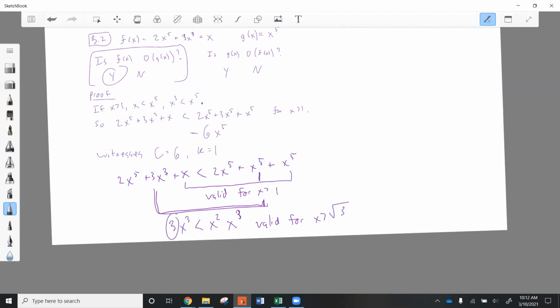Because the 3 got replaced with an x squared. And so your k is going to have to equal like 2 or something. K could equal 2, and c is going to end up equaling 4.